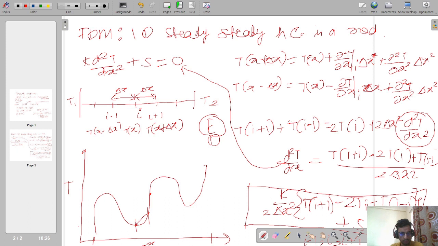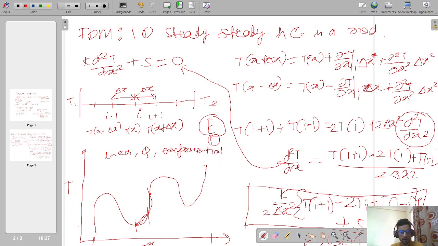In that case, our profile will look like this. So we can always consider different profiles: linear, quadratic, or even exponential, and solve accordingly.